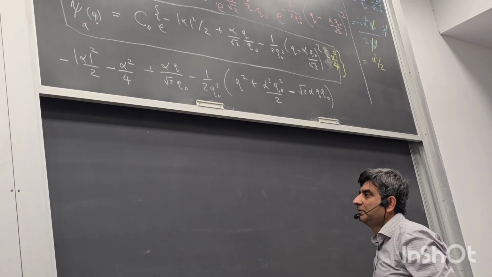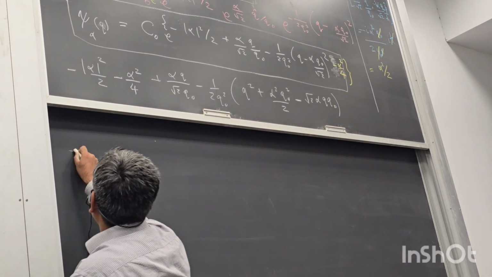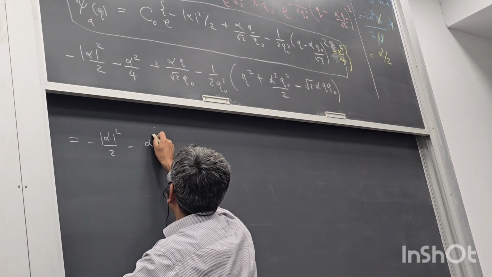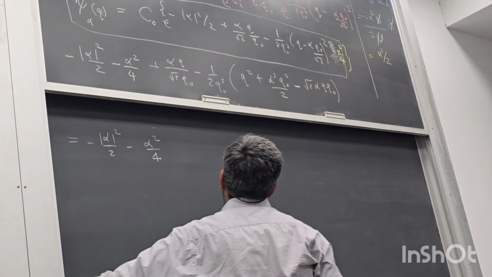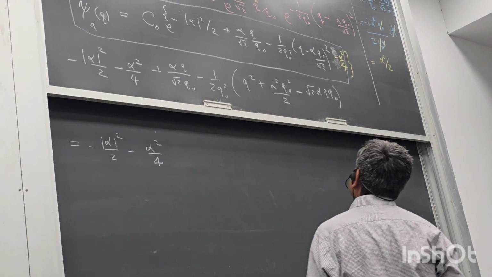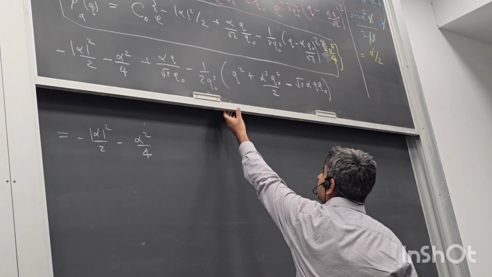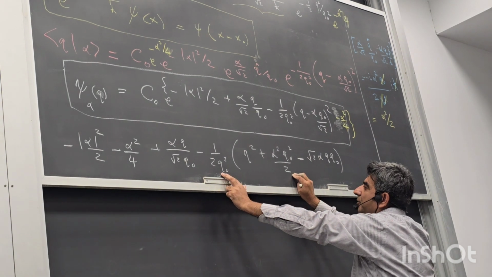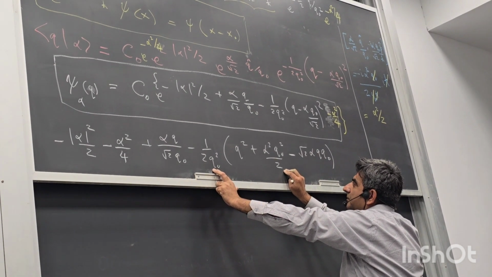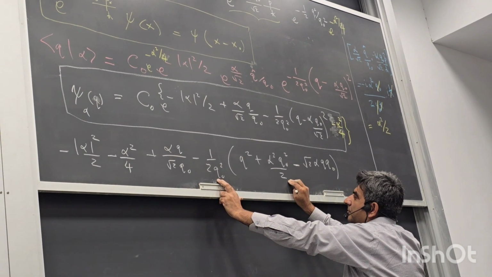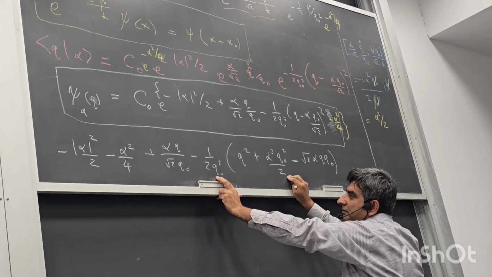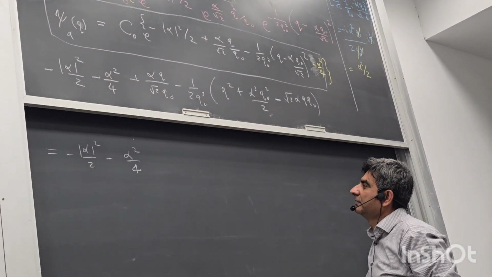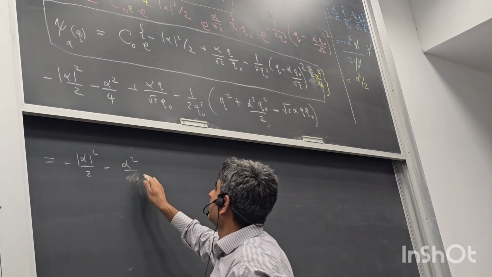So this is minus alpha mod square over 2 minus alpha square over 4. So this term is independent of Q. So I can put in a minus alpha square over 4 here, right? So this becomes half.